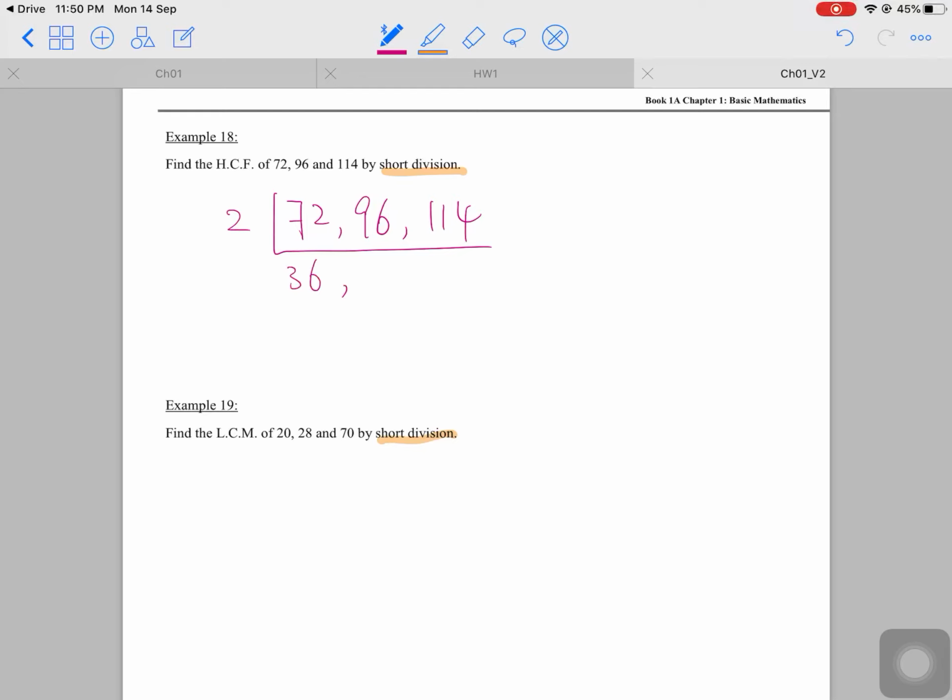You got 36, 48, and 57. Then you take out 3 again, so you got 12, 16. 57 divided by 3 is 19.